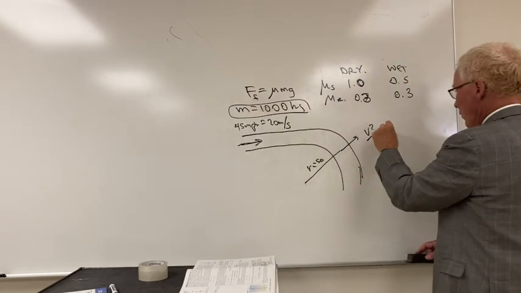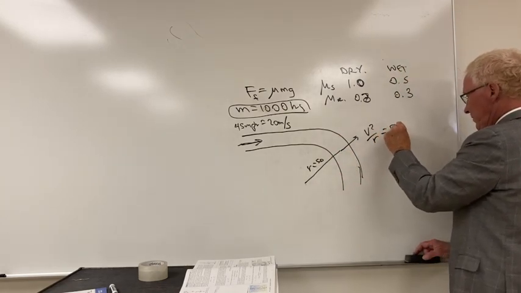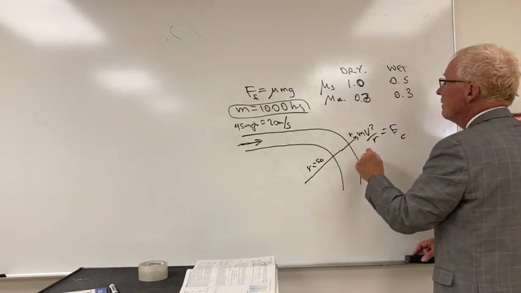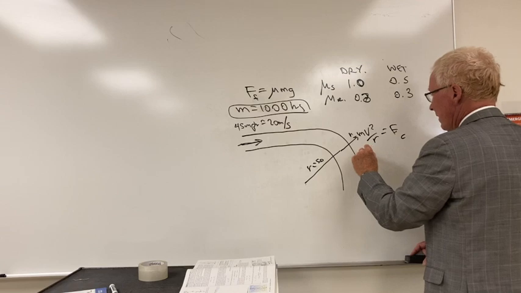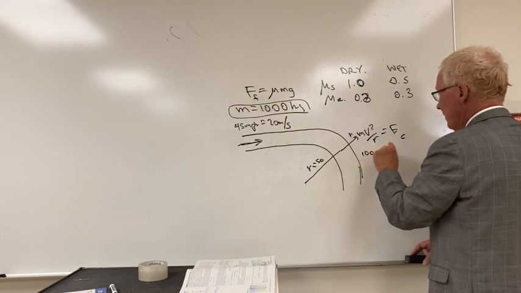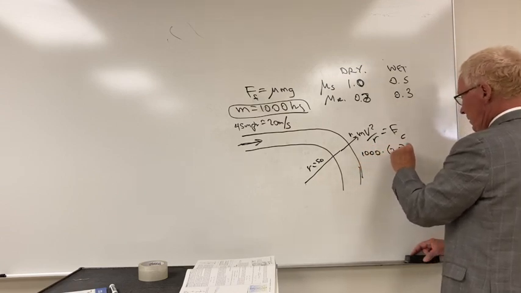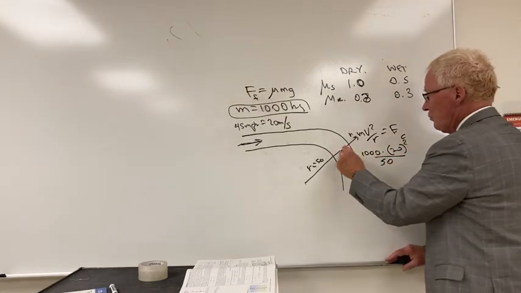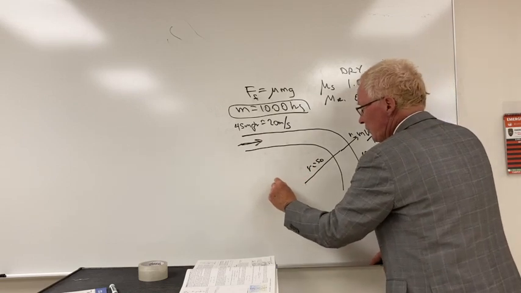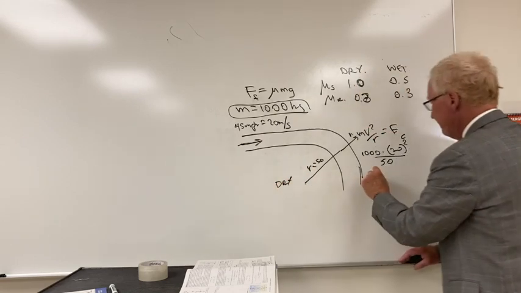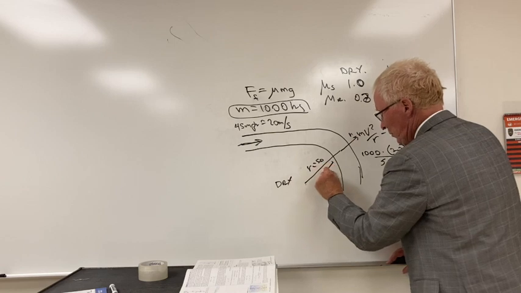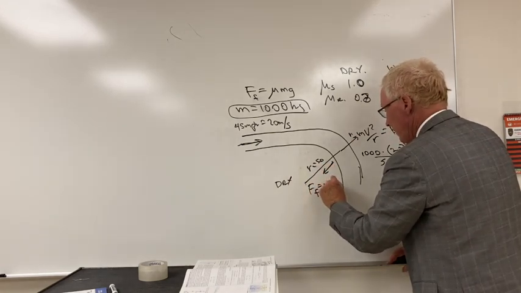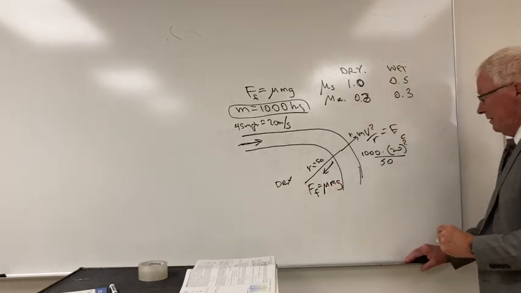So the frictional force, this centripetal force, Fc, will be mv squared over R, which would be 1,000 times 20 squared over 50. Now, if we're on a dry road, the frictional force pulling in is going to be mu mg, all right?